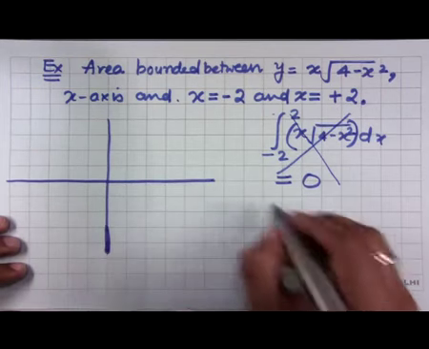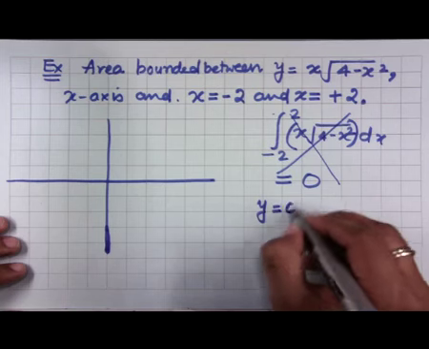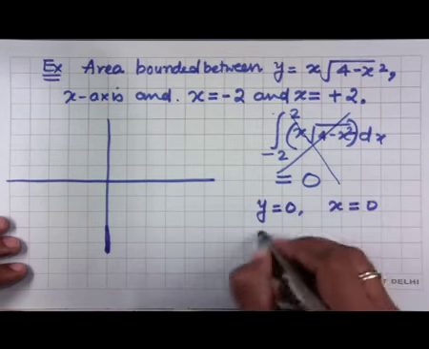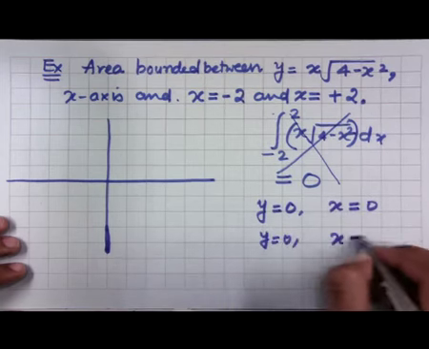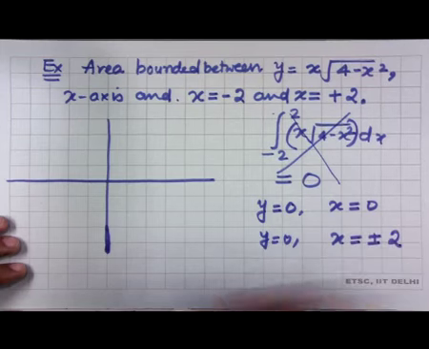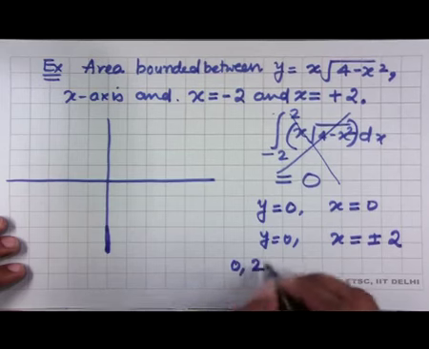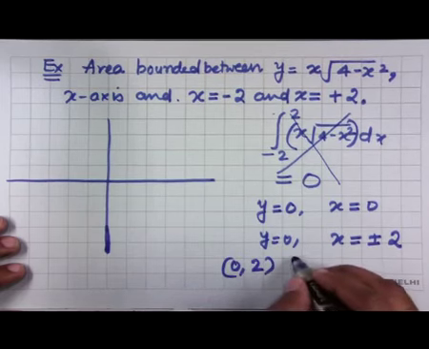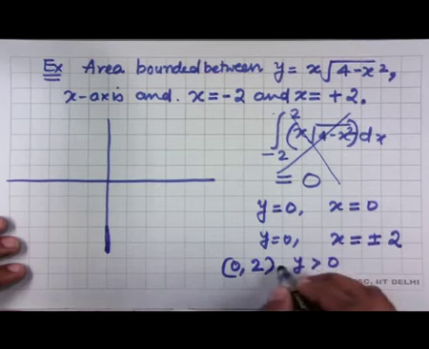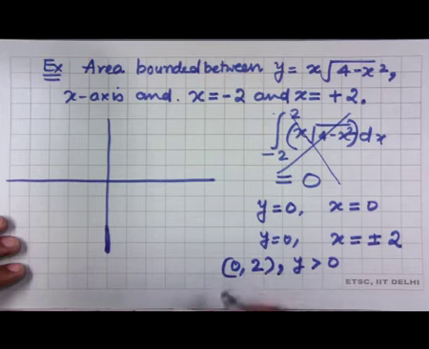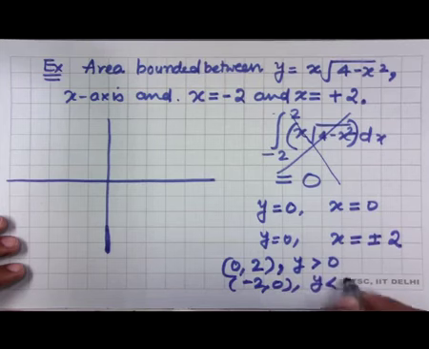So what you can see is that y is 0 when x is 0 and y is 0 when x is plus minus 2. Now between 0 and 2 y is positive, and between minus 2 and 0 y is negative.